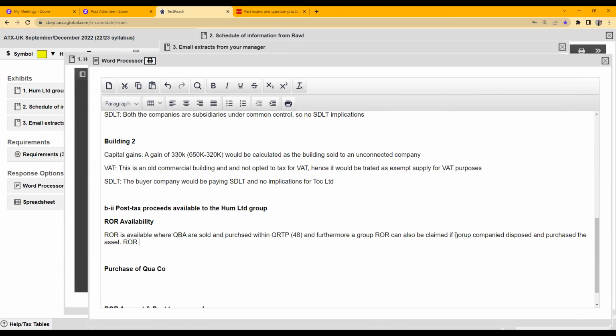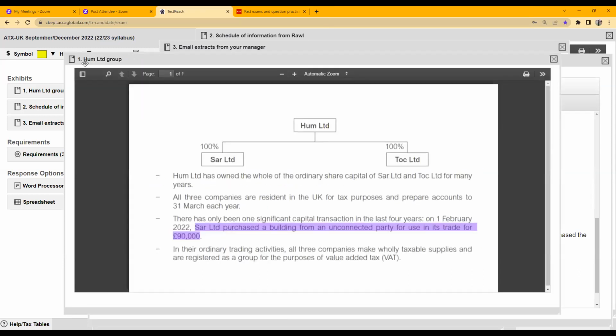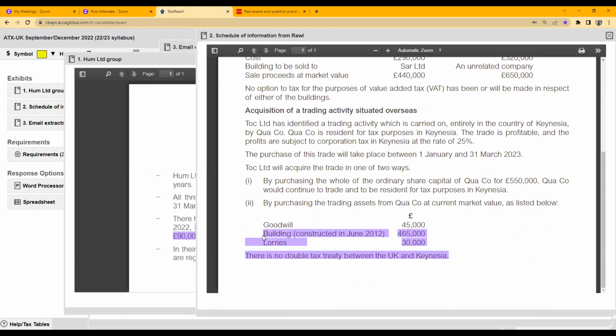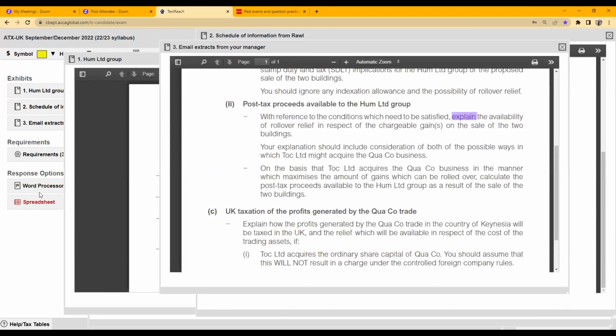Then ROR would be available to the extent of fixed plant and machinery. If we will be acquiring the Quaco, then this building would only qualify for rollover relief, because company goodwill is not a business asset, and lorries are movable assets, so ROR would not be available.